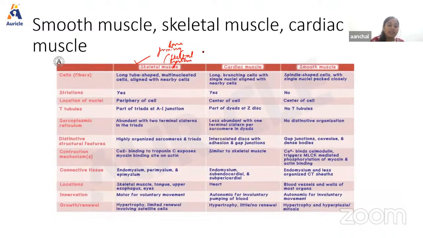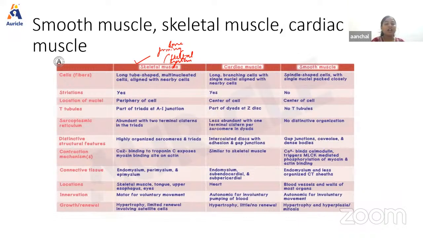They constitute 40 to 50% of body mass, are always voluntary, and are striated muscles. The fibers of skeletal muscles are arranged in parallel, and in most of them the muscle fibers are attached to a tendon at their end. Skeletal muscles are anchored to the bones by the tendons.